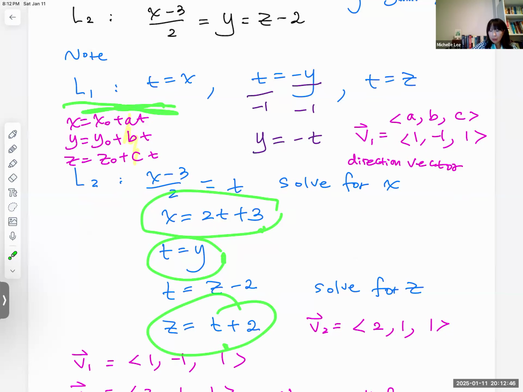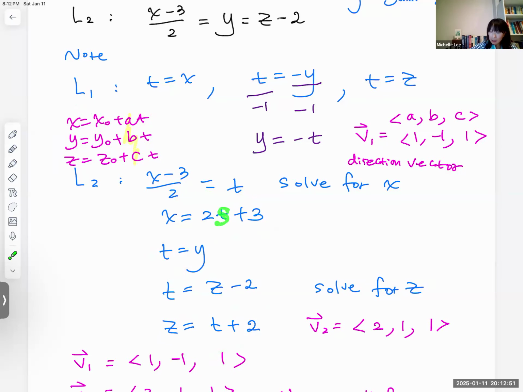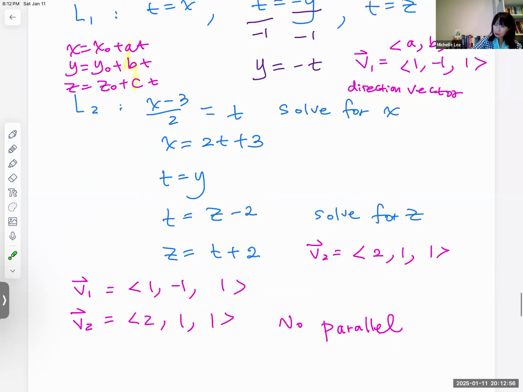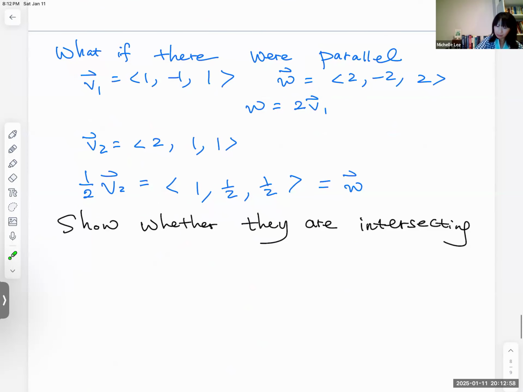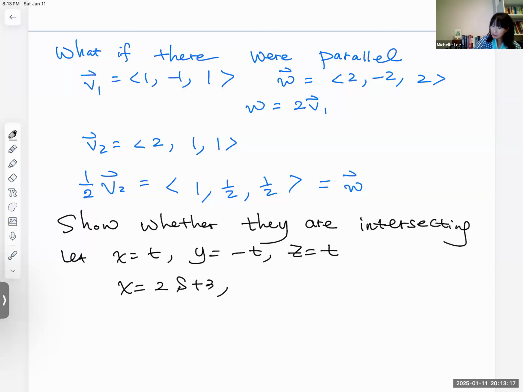So we have line 1 and line 2, and they're both using t. So let me use s instead of t for the second line. Let x equal to t, y equal to negative t, z equal to t. And then x equal to 2s plus 3, y equal to s, and z equal to s plus 2.